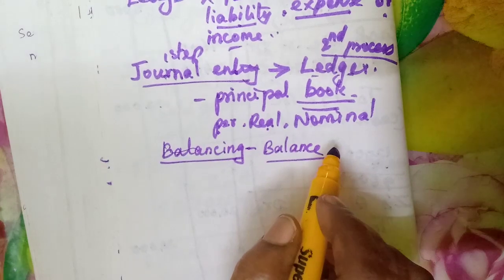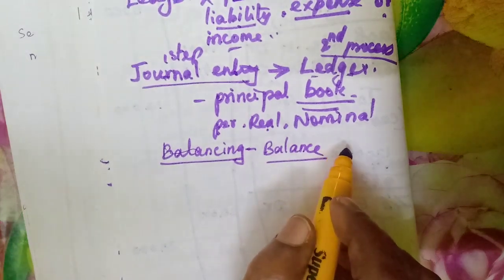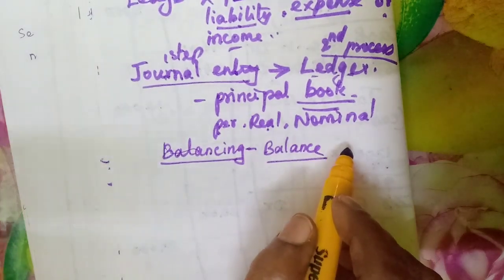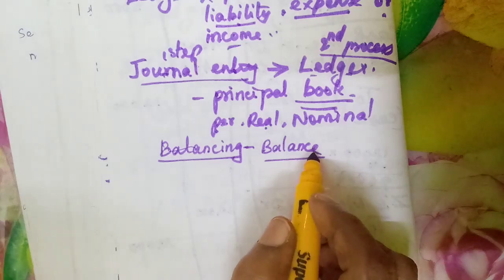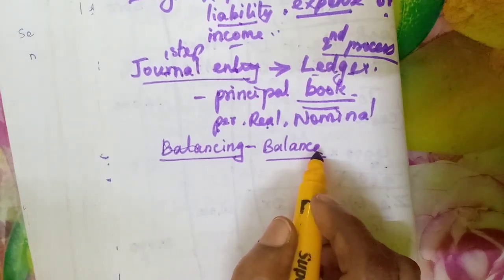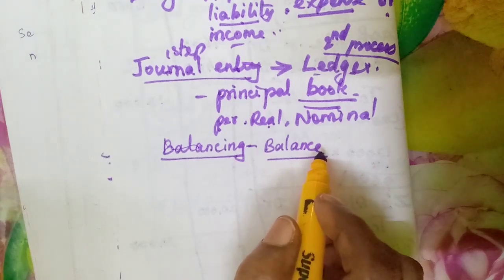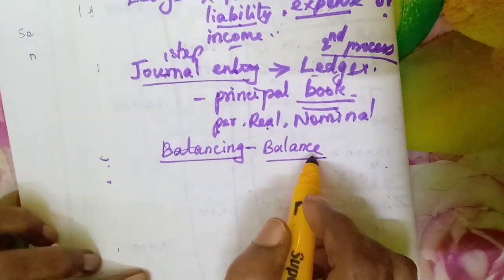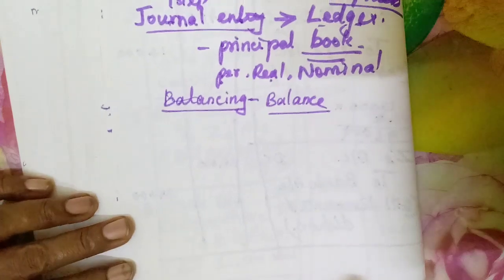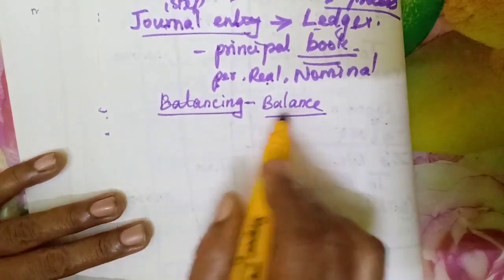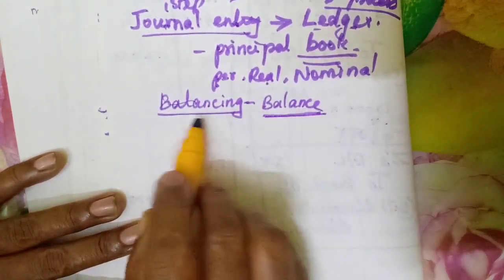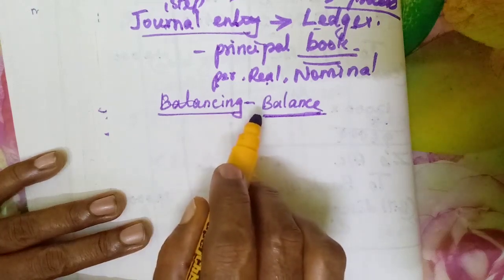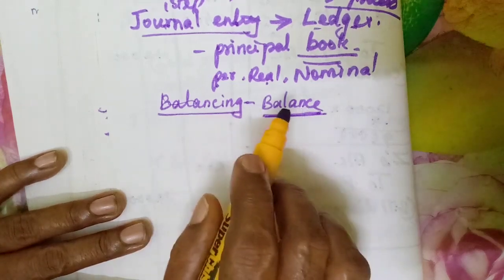For example, take one customer. In that customer's account, we can see how much he has purchased from us, the total amount of sales, then how much he has paid, and the balance that we should receive from that customer, the debtor. So everything can be known from the net amount in the account calculated on a particular date.